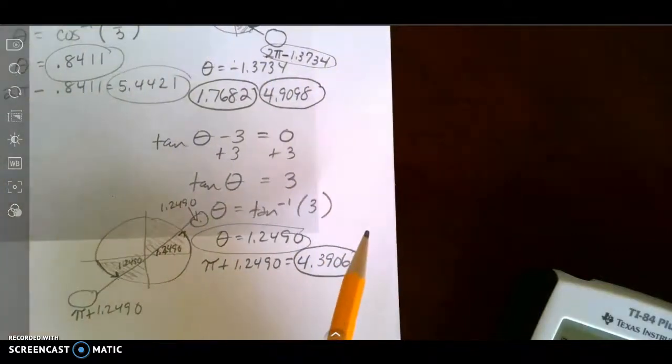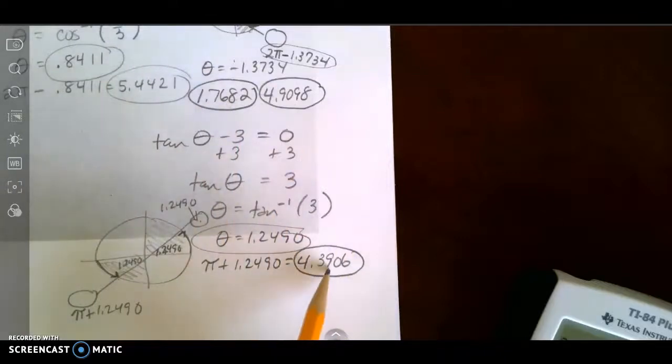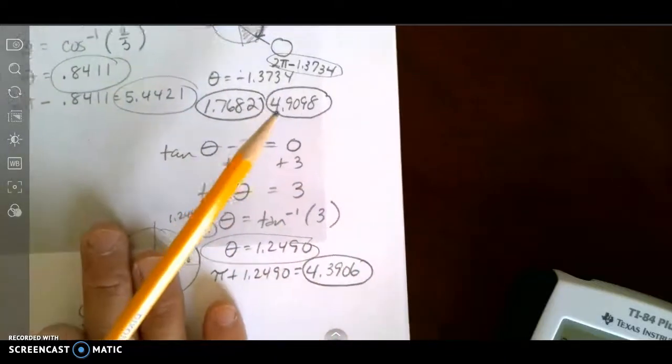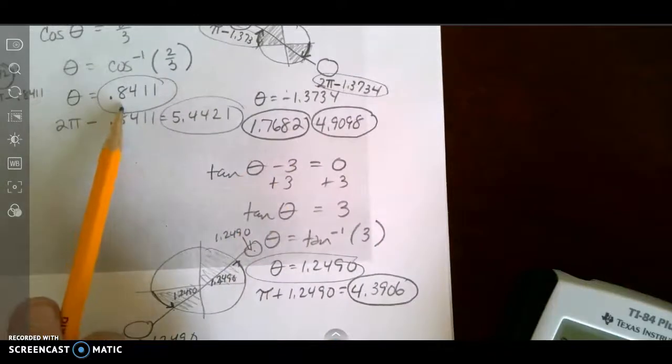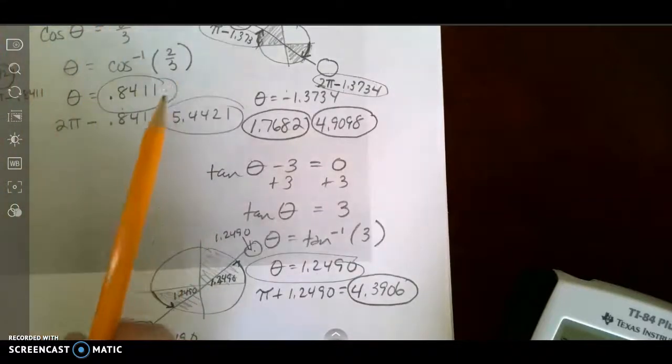So number 10 has 1, 2, 3, 4 answers, whereas number 9 only had 1 answer. Or no, I'm sorry, this one had 2. Only had 1 factor. It didn't have 4 answers, it only had 2 for number 9.